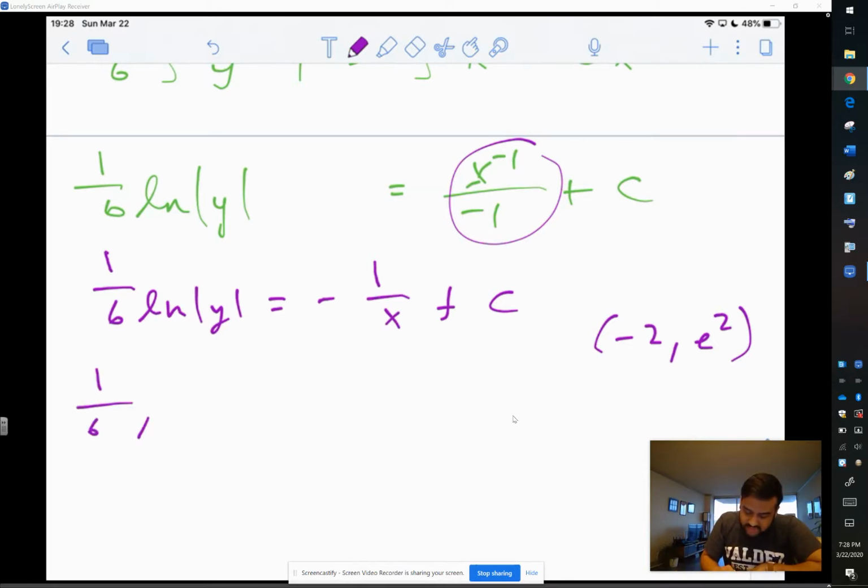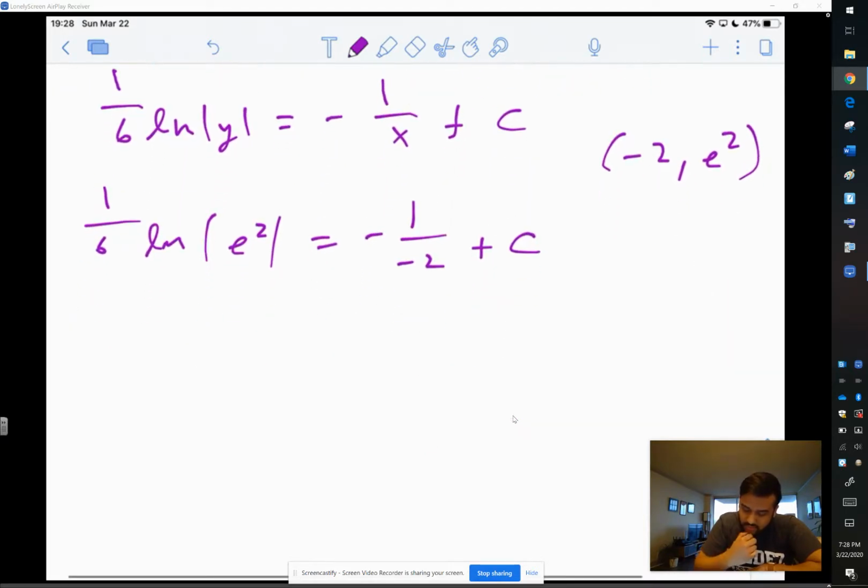So 1/6 ln of y equals negative 1 over x plus c. To solve for c, what is ln of e squared? Well, ln and e are opposite operations. Ln is log base e, so ln of e squared is 2.